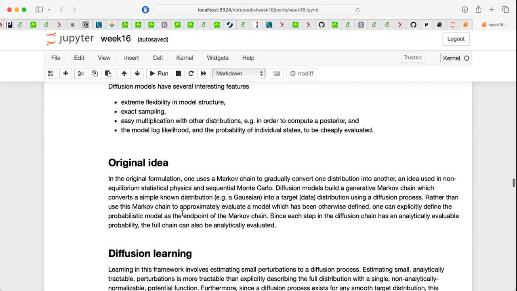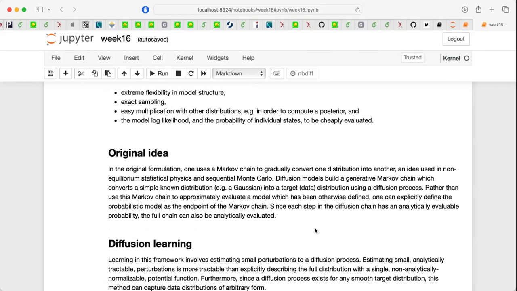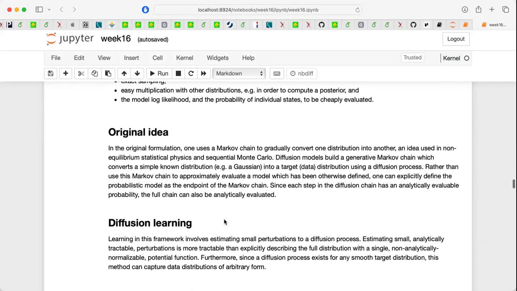And rather than using this Markov chain to approximately evaluate a model which has been otherwise defined, you can actually define the probabilistic model as the endpoint of a Markov chain. And since each step in the diffusion chain has an analytically evaluable probability, the full chain can actually be evaluated analytically.